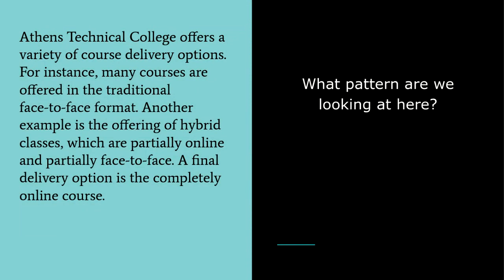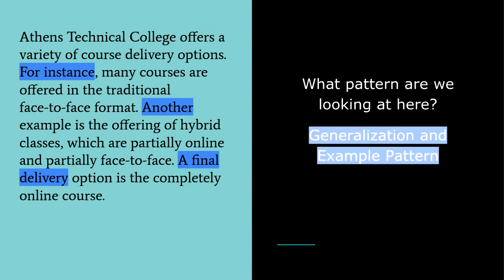Now, you have to look at what kind of words in here are going to point out to you what is the relationship we're looking at. You should have picked up on, for instance, another, a final delivery. We are looking at generalization and example pattern here.